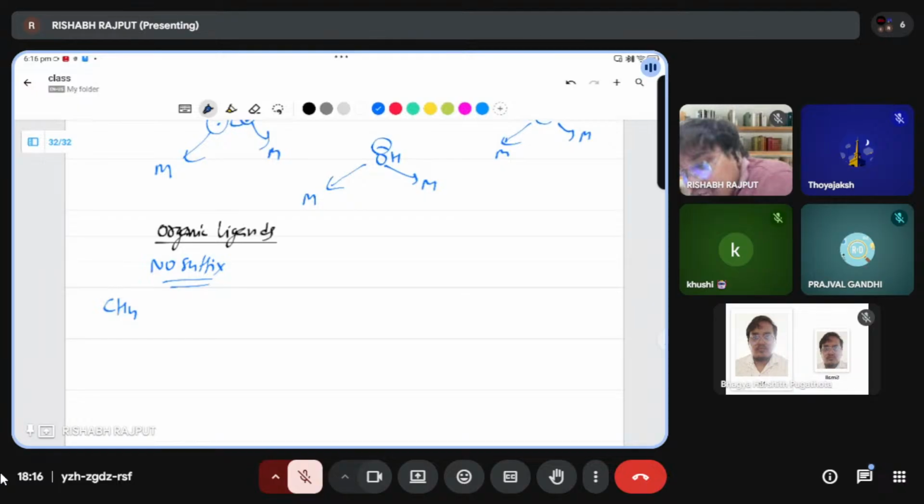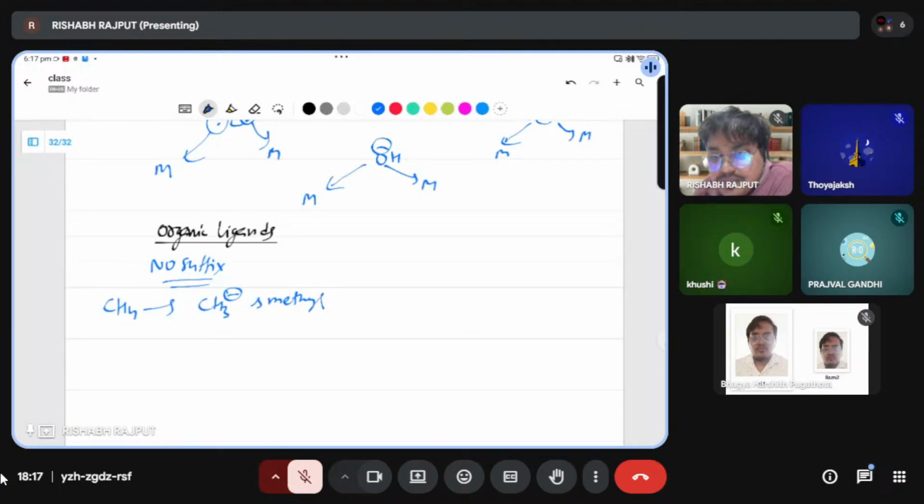That is an organic ligand. No suffix will be added in the name of organic ligands. Phenyl, C6H5 negative: if you see any phenyl group in a coordination compound, they will write only phenyl. They will not add anything.